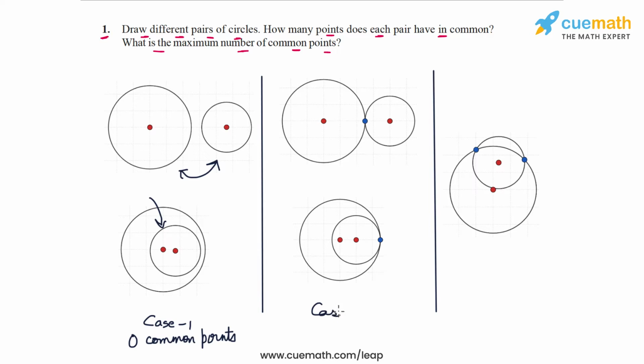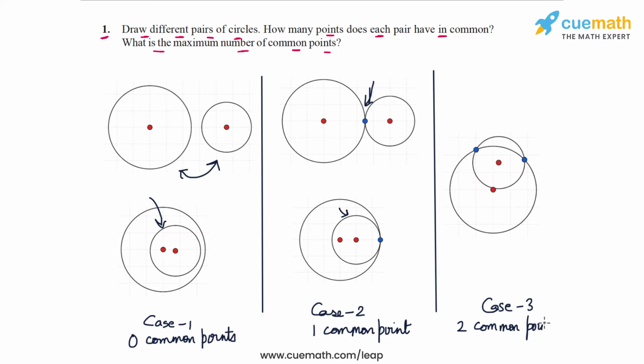Case 2 is when two circles touch each other, in which case there is one common point. The two circles could touch each other externally like this, or one circle could touch the other circle from the inside like this. And then finally we have case 3, where the two circles intersect each other, so they have two common points.